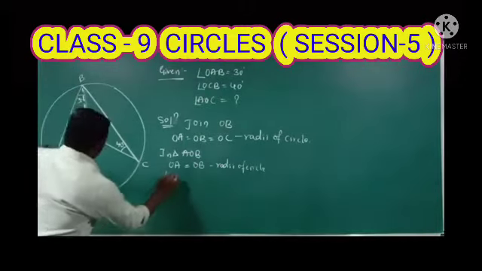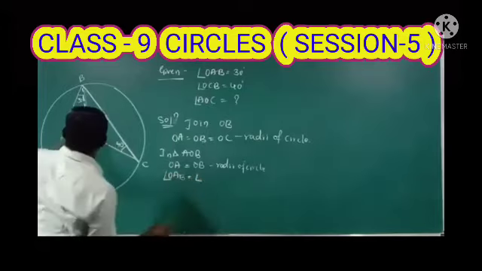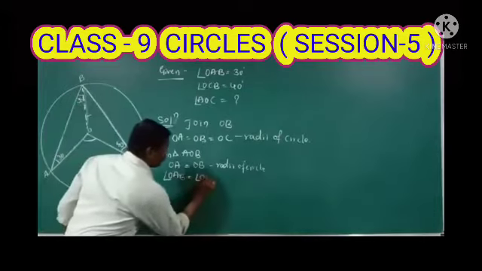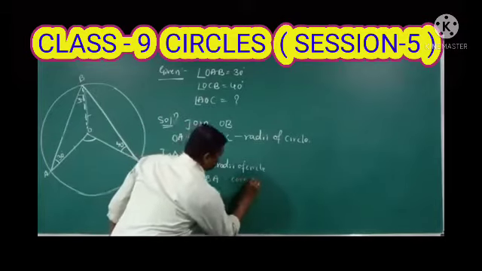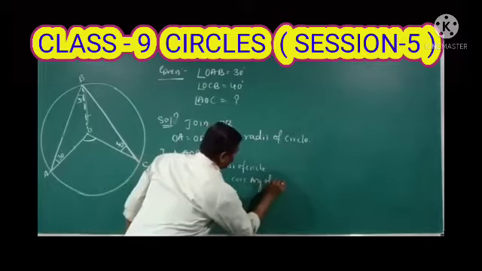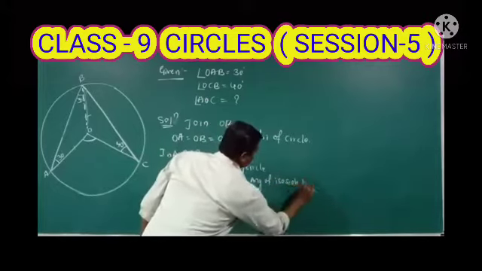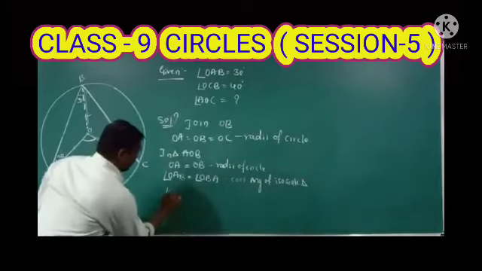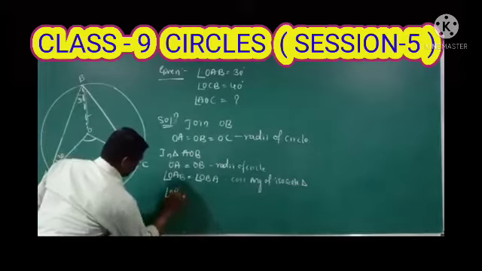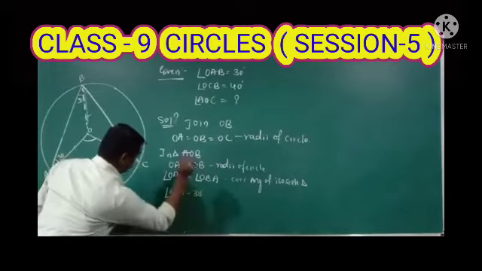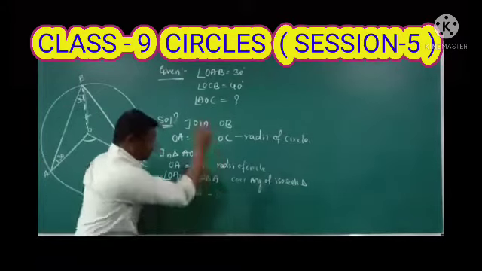Angle OAB is equal to angle OBA, corresponding angles of an isosceles triangle. Therefore, angle OBA is equal to 30 degrees. Consider this as equation 1.